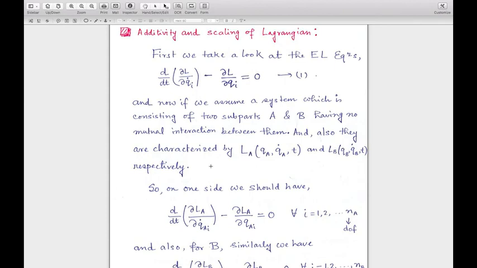Although all the particles inside one compartment are interacting among themselves, and also in the other compartment the particles are interacting among themselves, one compartment is not interacting with the other. That is the story.